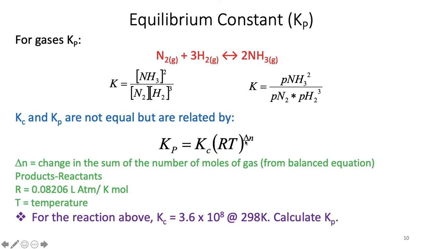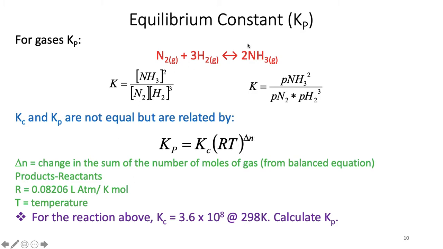And how do I calculate this? I, of course, have to have a balanced chemical equation, but it is the difference between the number of moles of gas between products and reactants. It's given by the sum of the moles of products minus the sum of the moles of the reactants. That's why I have a change.